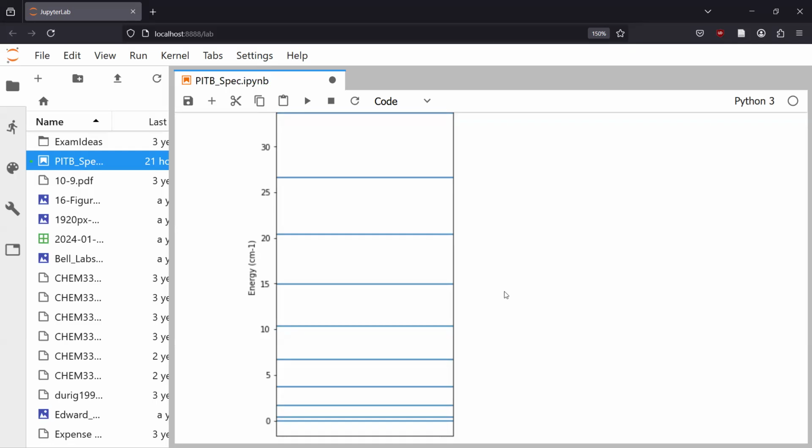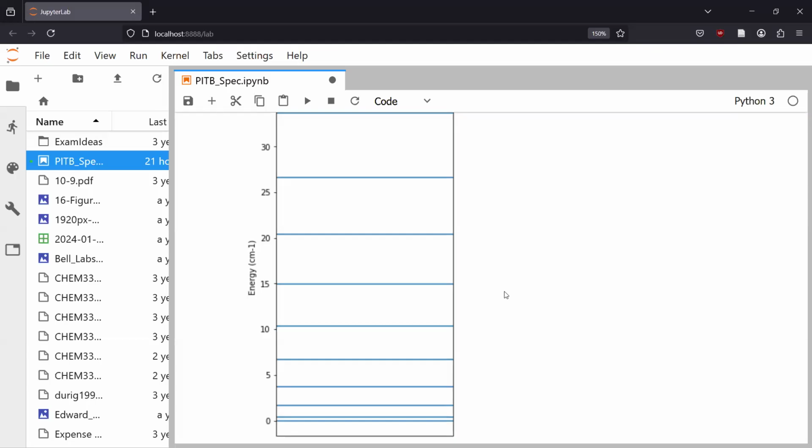All right. So what my program does is it says, "Hey, I started at n equals 1. I'm going to have a transition between 1 and 2. Calculate the frequency of that and the intensity of it by doing the integral, which is 0 unless delta n is allowed." Delta n equals 1 is allowed. It's going to do it for the next one, and the next one, all the transitions from the ground state.